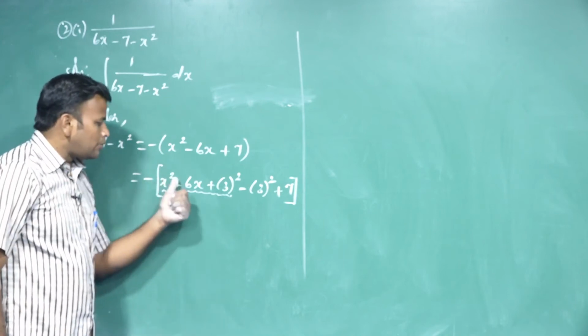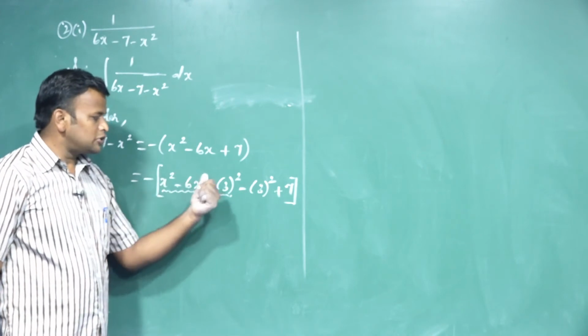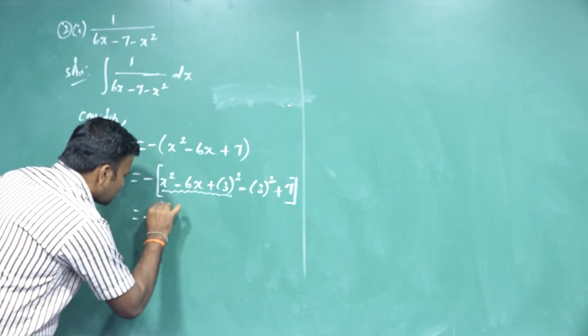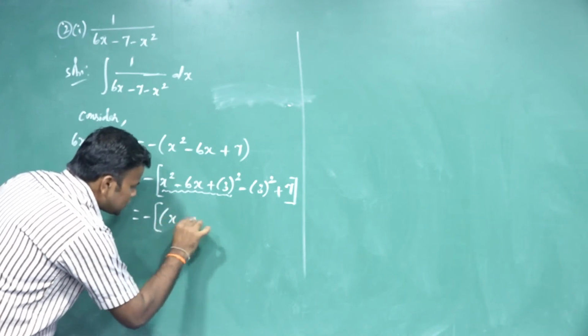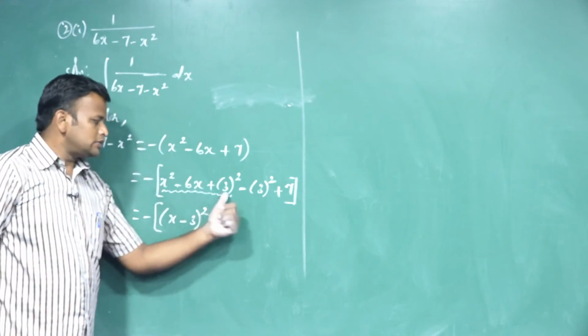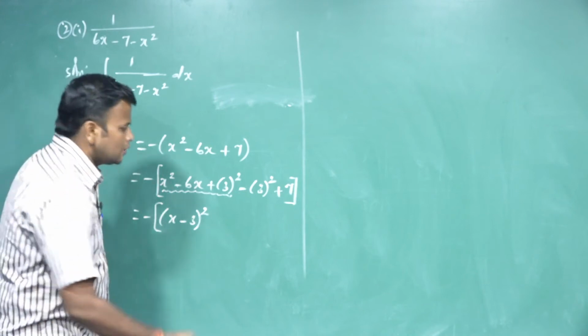The formula of a square minus 2ab plus b square is a minus b the whole square. Here a value is x, b value is 3. We expand, we get these 3 terms.